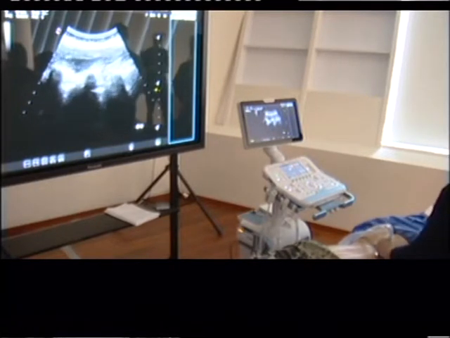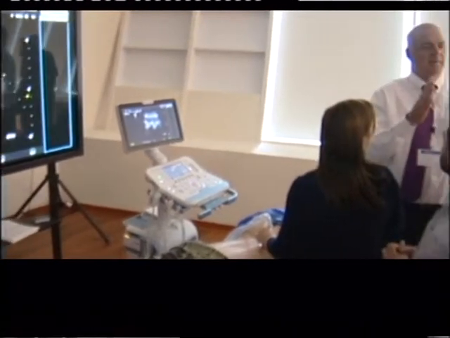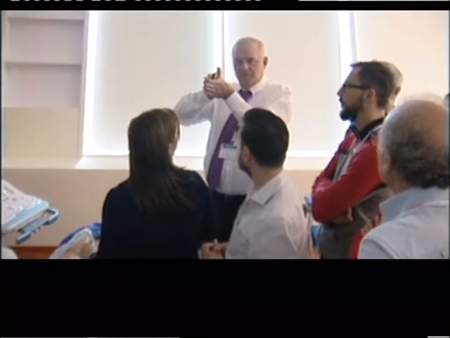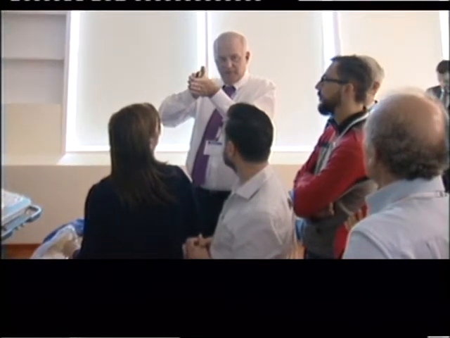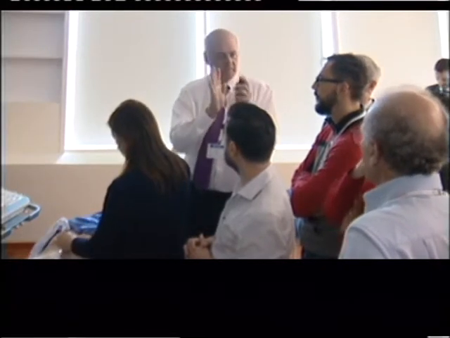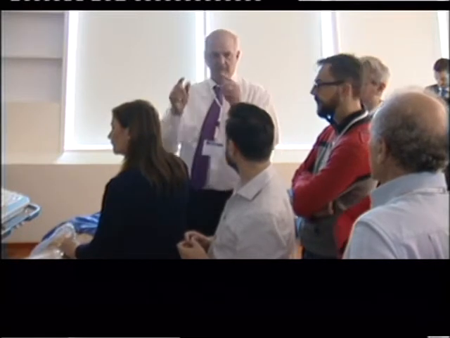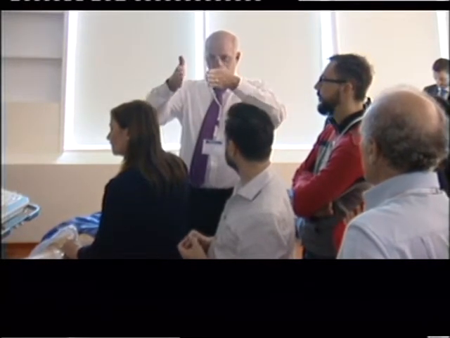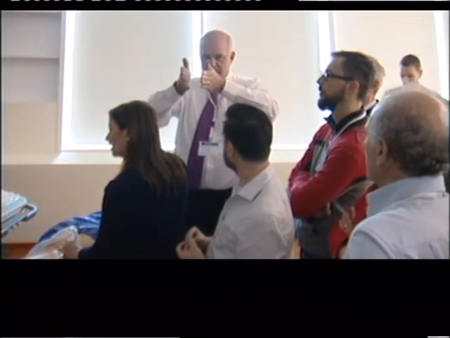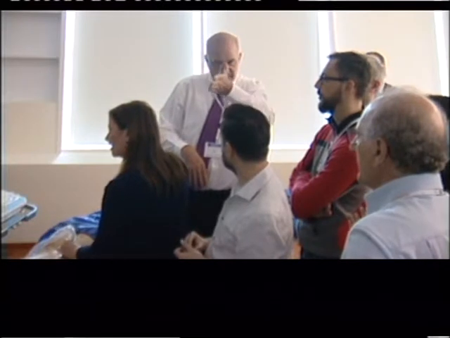So the only thing I didn't explain is when you're going from lamina to facet to nerve root to transverse process. The only thing I didn't say was this. L3, L5, they're a little bit wider. So you're not going like this.